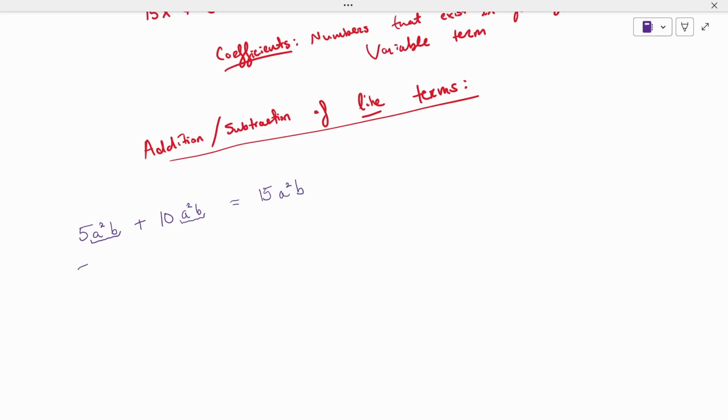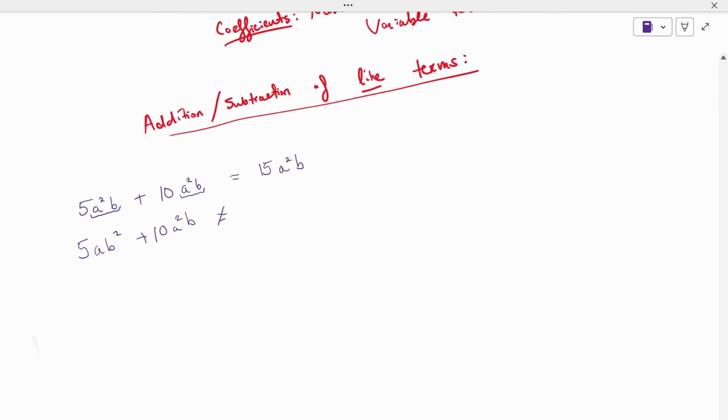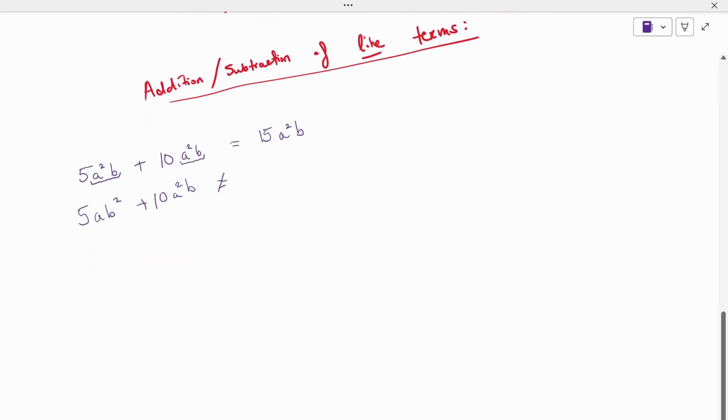But note, very critically, 5a b squared plus 10a squared b. These do not add together because the specific degree of the polynomials happens to be different. In the first polynomial expression, you have a b squared term. But in the second polynomial expression, you have an a squared term. And so what's happening here is that you've got a 5 times a times b times b, because that's what b squared literally refers to.